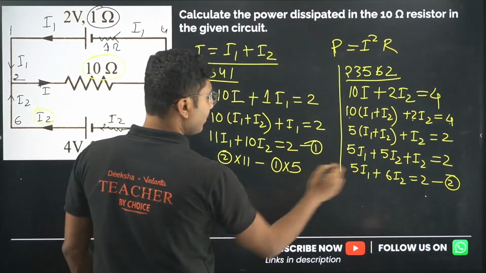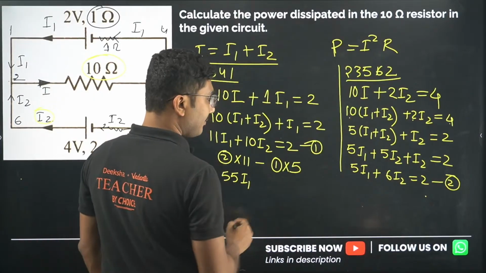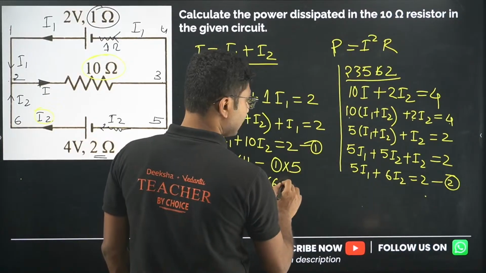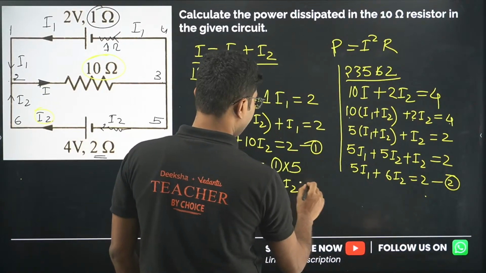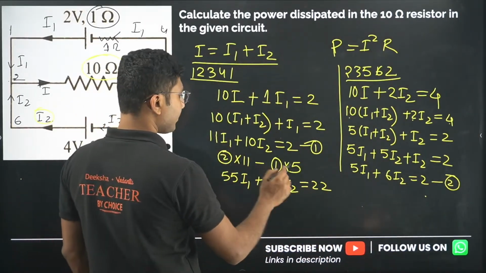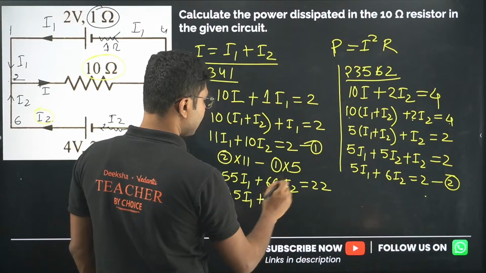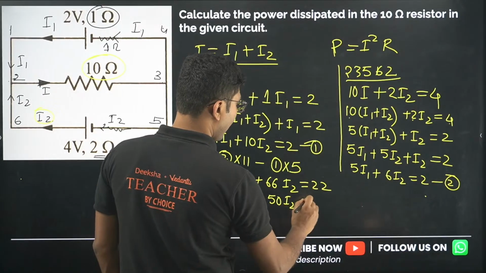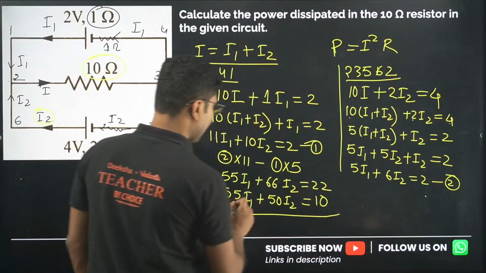So 11 into 5 is 55I1, plus 6 into 11 is 66 I2, equals 2 into 11 which is 22. And multiplying the first equation with 5, we get 55I1 plus 50I2 equals 5 into 2 which is 10. So if we subtract these two, I1 will be cancelled.